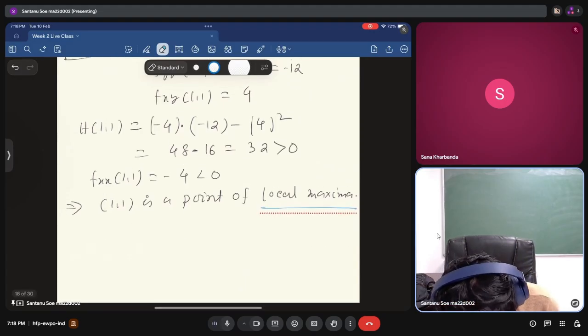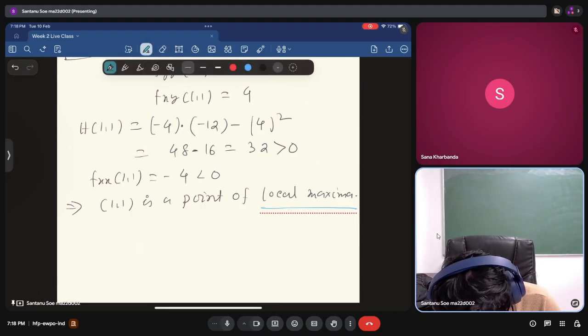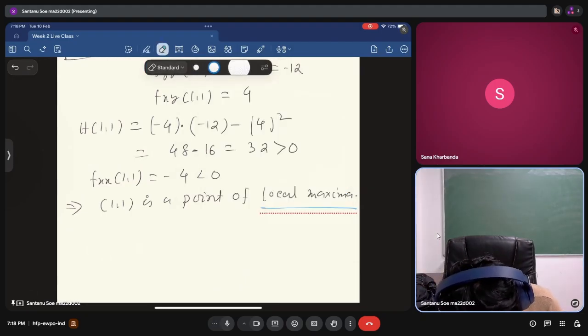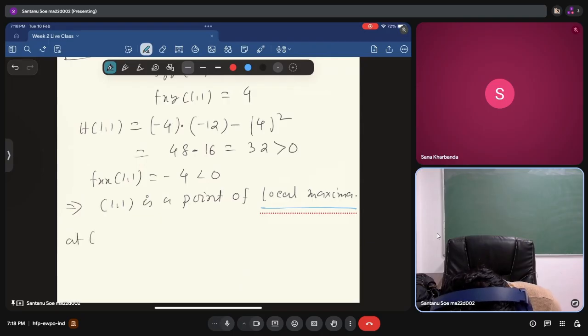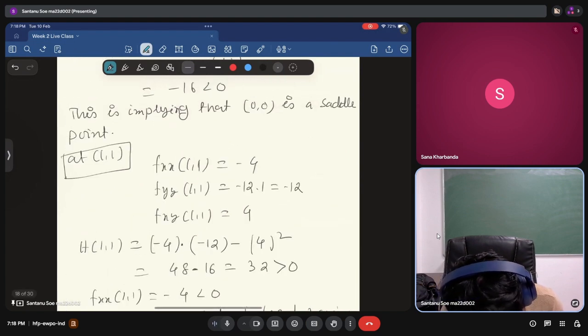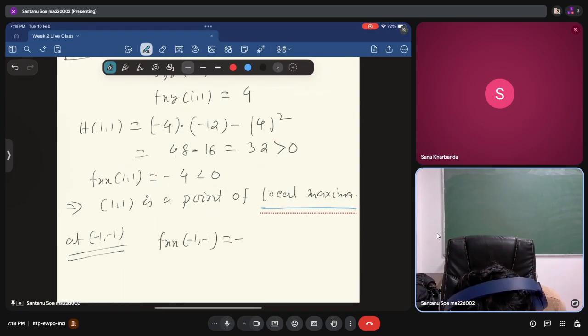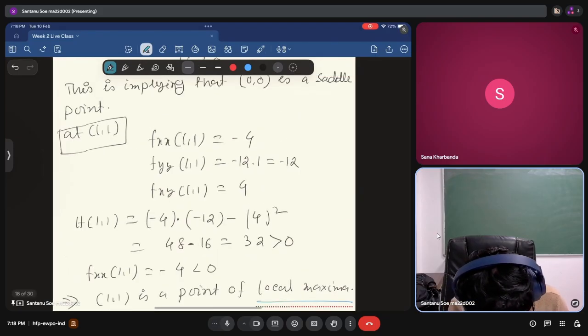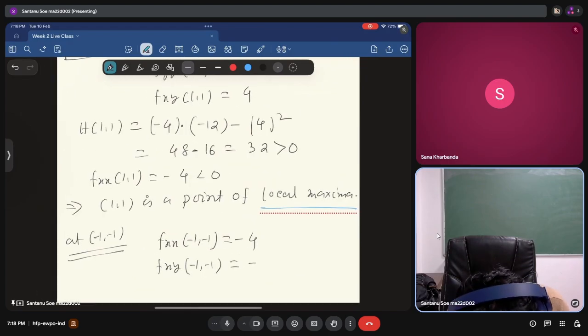So now we have to check the next point, which is (-1, -1). At this point, fxx at (-1, -1) will be still minus 4, but fyy at (-1, -1) will be minus 12 times minus 1, so this is going to be 12.